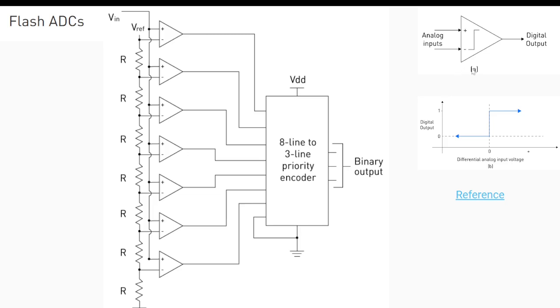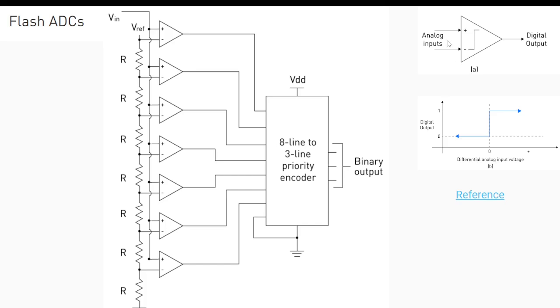Okay, so this is how a flash ADC works. It primarily compares two voltages and simply outputs either 0 or 1. That's how every single op-amp, also called operational amplifier, also called difference amplifier, works. So this is its main functioning behavior.